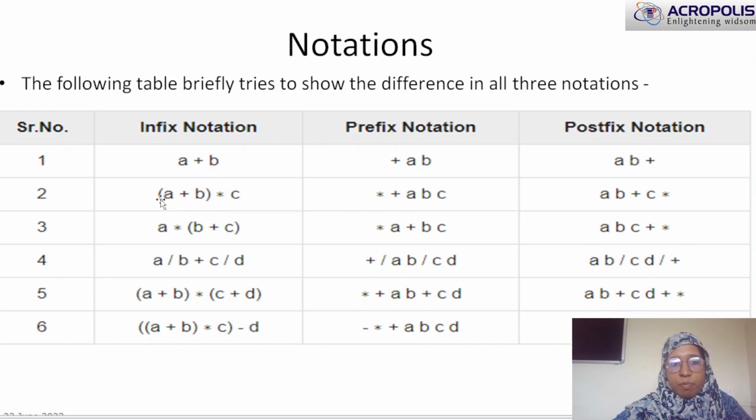In case of prefix, plus comes before AB and then multiply by C. After performing this operation in prefix notation, we get multiply plus ABC. Similarly, in postfix notation, we get AB plus C multiply. The same is performed likewise.